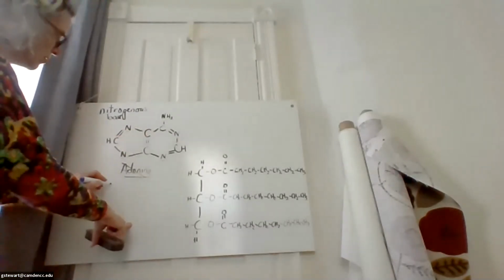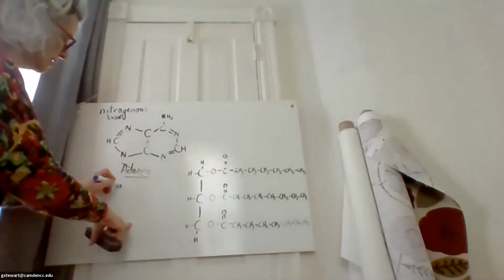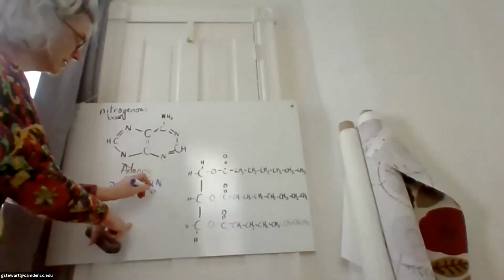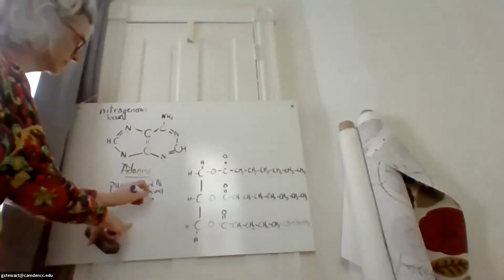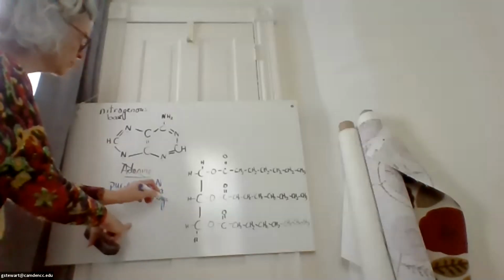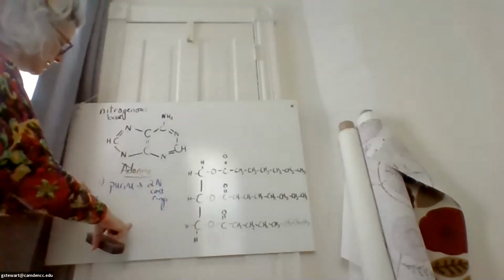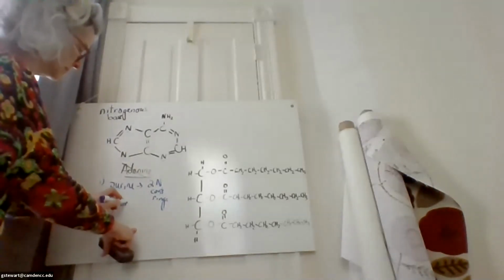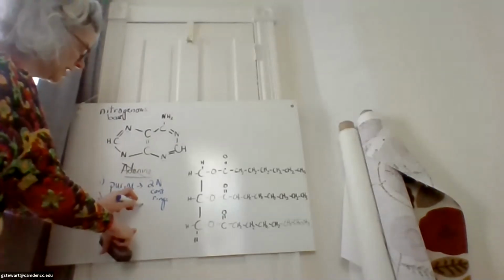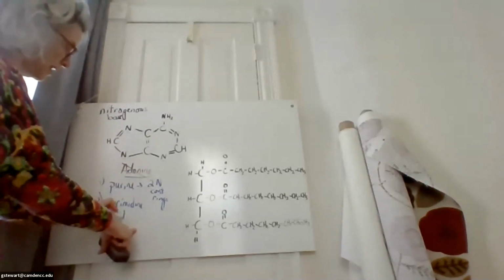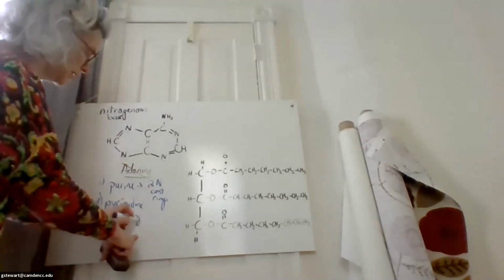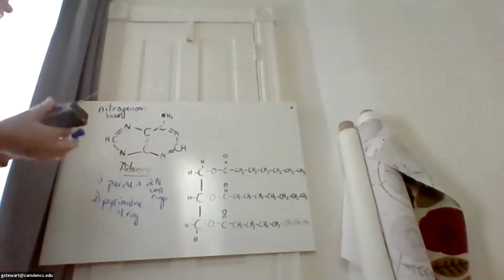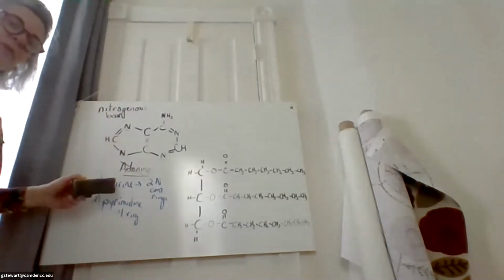So a nitrogen-containing ring, nitrogenous base, they come in 2 forms. This form is called a purine, because it has 2 nitrogen-containing rings. The other form of nitrogenous base is called a pyrimidine, and it only has 1 ring with nitrogen in the ring. You should be able to tell the difference between a purine and a pyrimidine.